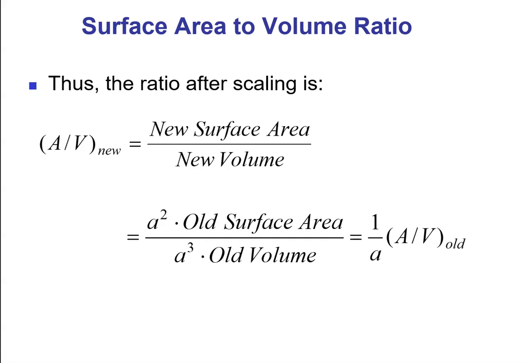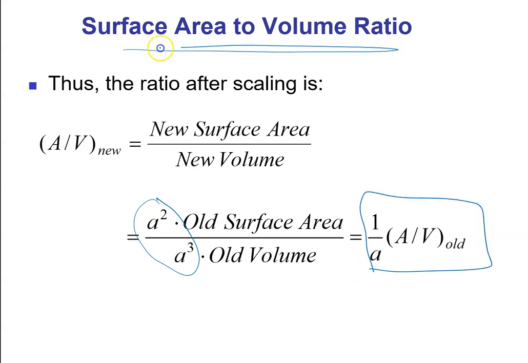The new surface area is A squared times the old area, over the new volume, which is A cubed times the old volume. We can reduce this, so that's 1 over A times the old surface area over the old volume. Okay, so this is an important surface area to volume ratio.